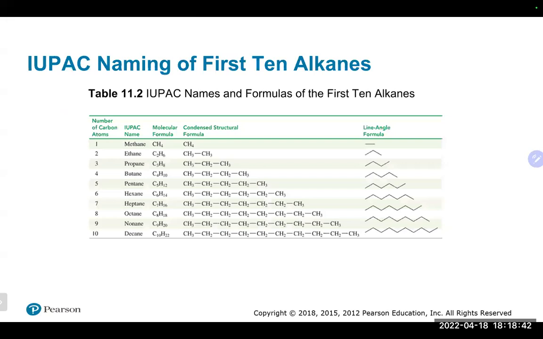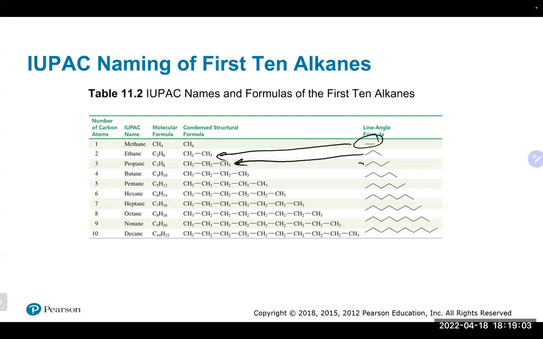Here's a table from your book that has what we just went over. These are off, by the way, at least on this slide. I don't know how it is in your actual book. This is actually the line formula for here. They're off by 1 on this slide.